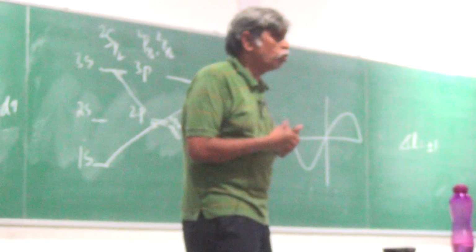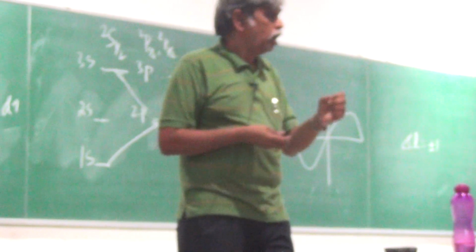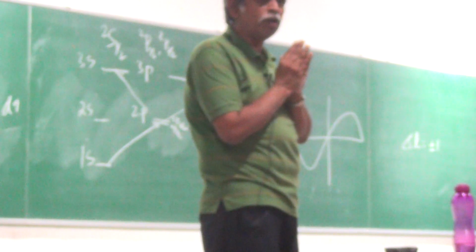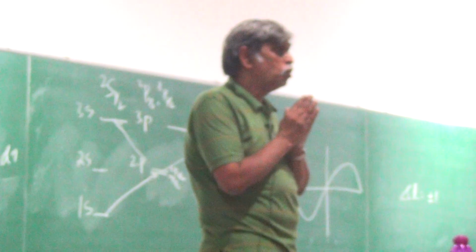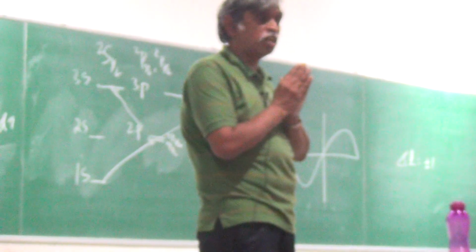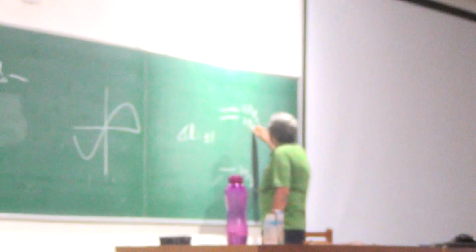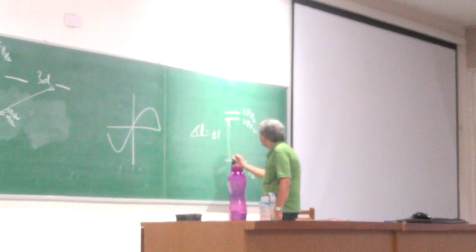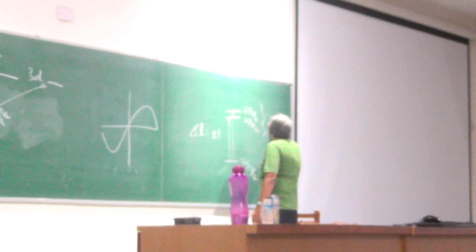So if you take a sodium emission and look at it in high resolution in a spectrometer, you will actually see two lines, one of which corresponds to a doublet P 1/2 to doublet S 1/2 transition, and the other one will correspond to a doublet P 3/2 to doublet S 1/2 transition. This is the P1 configuration, this is an S1 configuration.